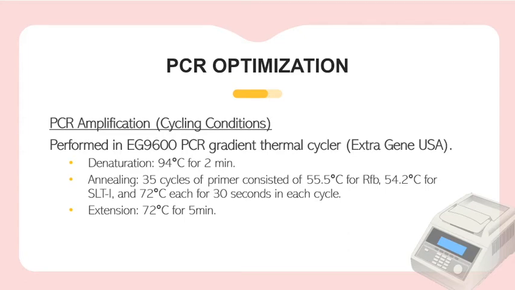Annealing is done with 35 cycles of primer consisting of 55.5 degrees Celsius for RFB, 54.2 degrees Celsius for SLT1, and 72 degrees Celsius each for 30 seconds in each cycle. In extension, it uses 72 degrees Celsius for 5 minutes.